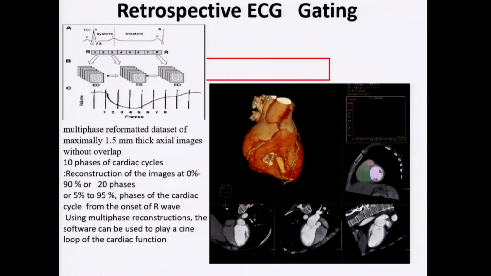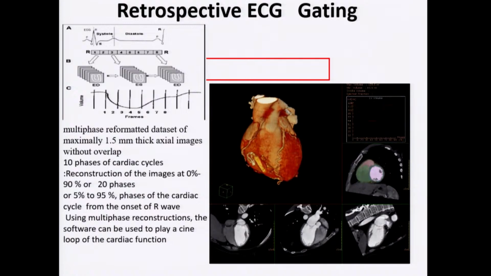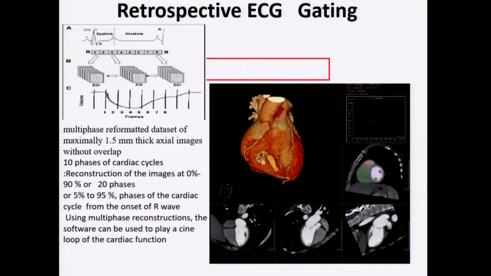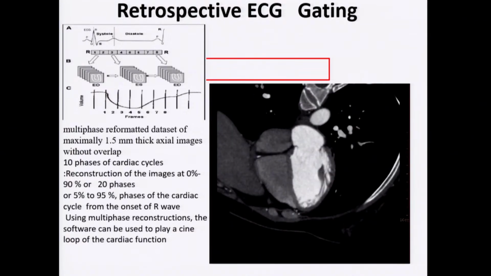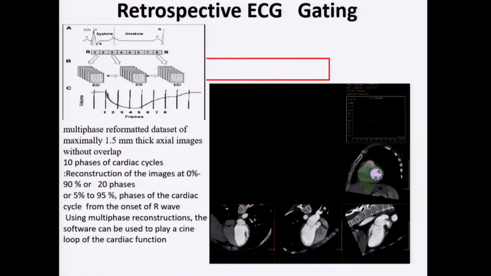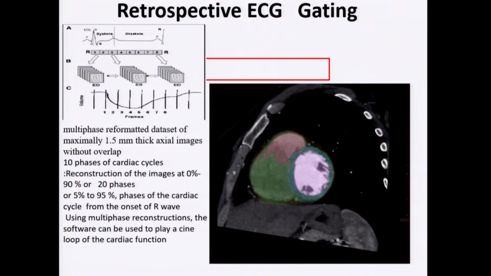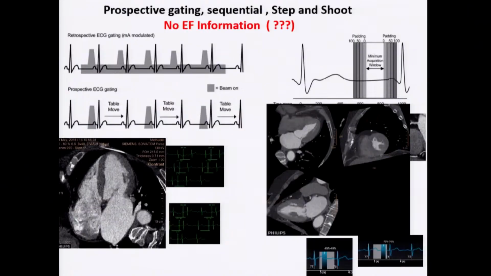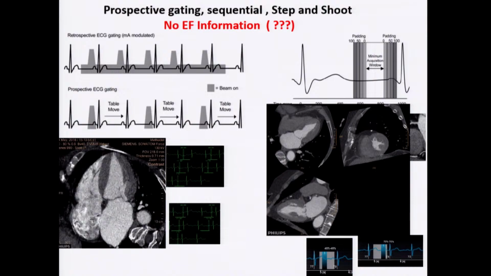How do we actually, what protocol do you need to get ejection fraction? Number one, traditionally, we do retrospective ECG gating. We image the entire cardiac cycle and then find the lowest volume. So for accurate assessment of EF, you still need to do retrospective ECG. But for a rough assessment of EF, you can actually do step and shoot.